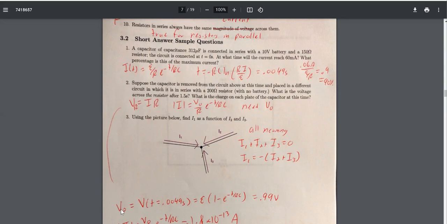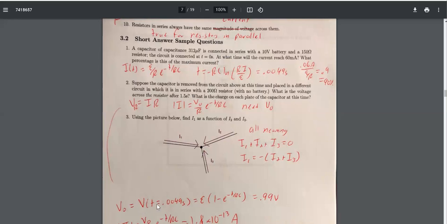So to find this, I need to go back up and use the equation for a charging capacitor, which is this thing, and then plug in the time at which it was disconnected. So we had it in this one circuit and it was charging. Then we took it out of that circuit. So it has some voltage and some charge, and we put it in a different circuit.